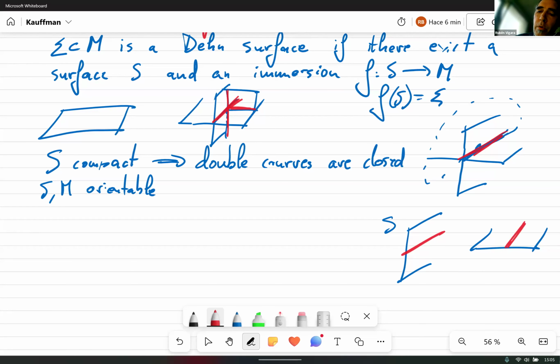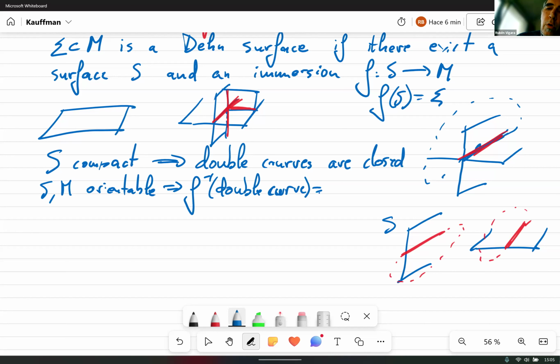So these two curves flow into two different curves in the surface, okay? So the inverse image of double curves is the union of two curves in the original, the domain surface. And we say that these two curves are sister curves.